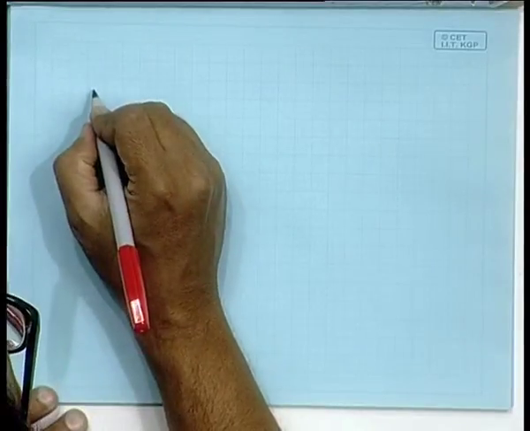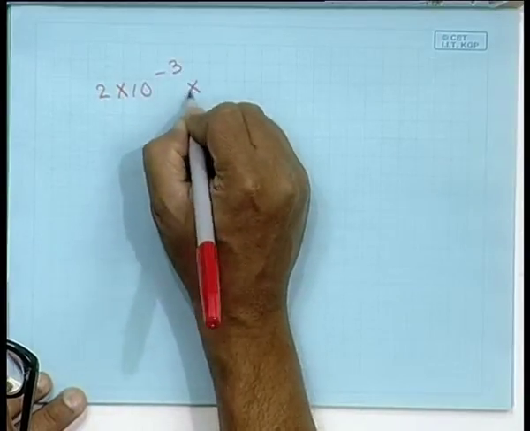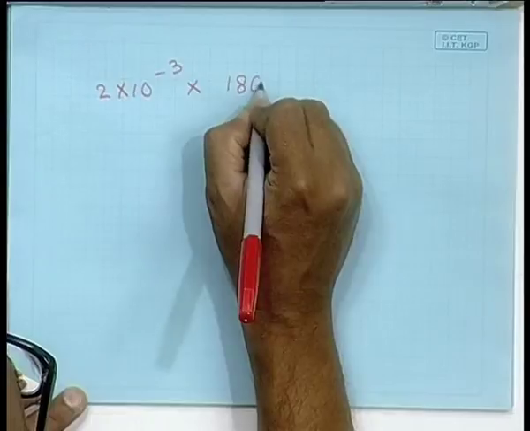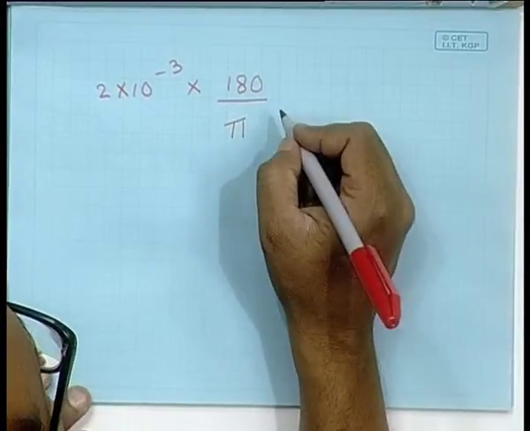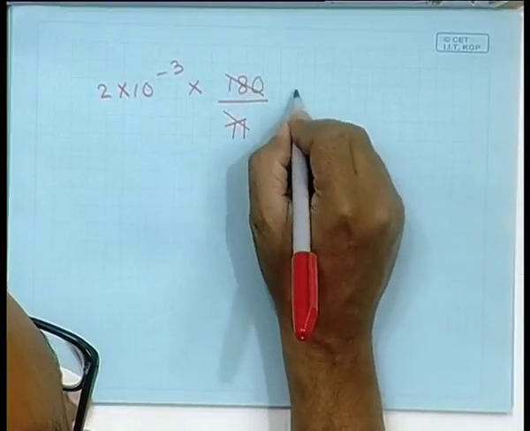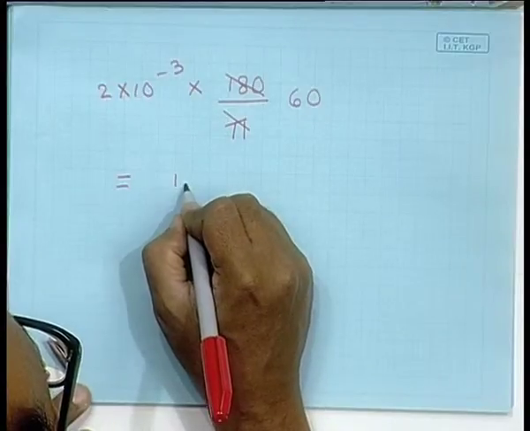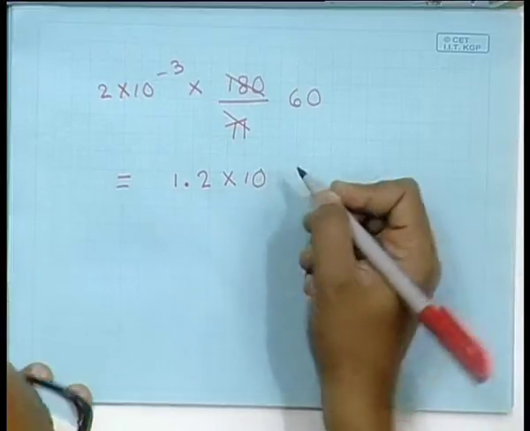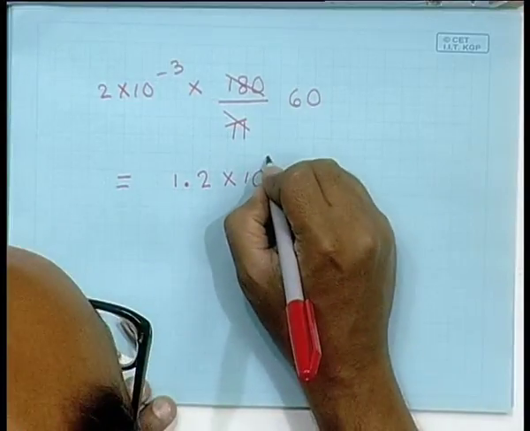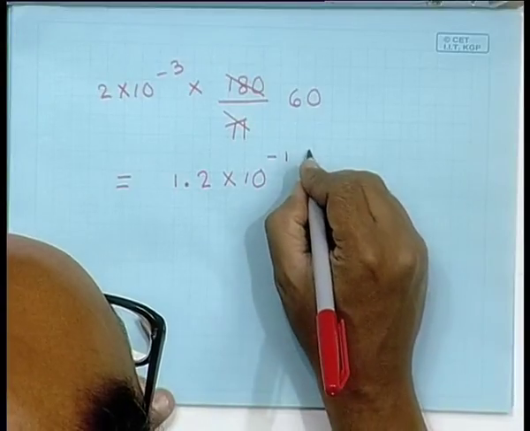and to convert this into degrees I have to multiply it by 180 divided by pi, which I can take of the order of 60. So, this gives me 1.2 into 10 to the power minus 1 degrees.